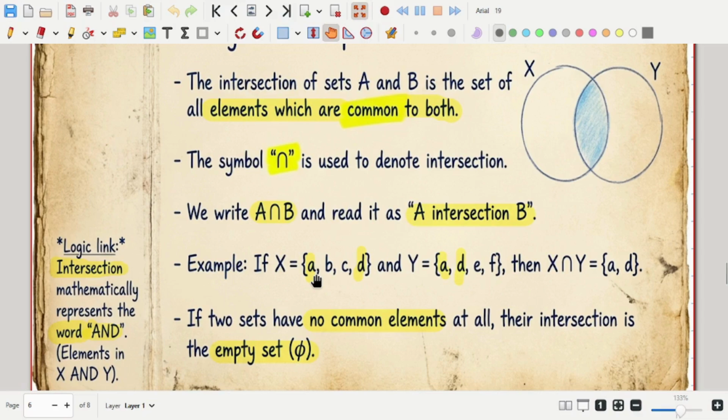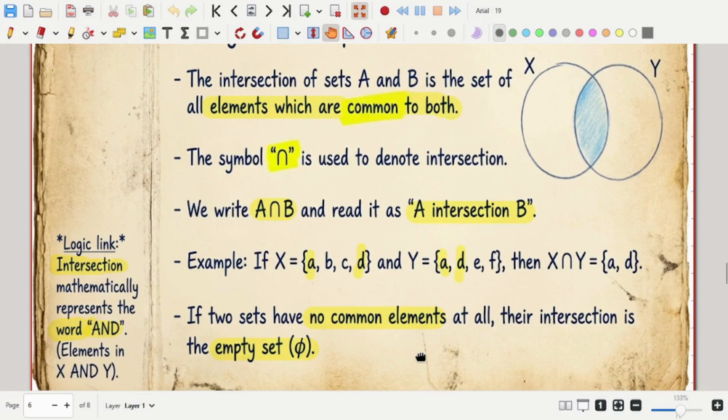So is A common in both the sets? Yes, A is common. Is B common in both the sets? No. Is C common in both the sets? No. C is not common. Is D common in both the sets? Yes, D is common. Therefore, X intersection Y is the set of A, D. Intersection means include only the common elements between both the sets.